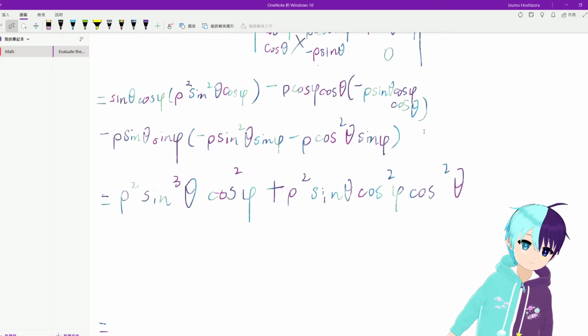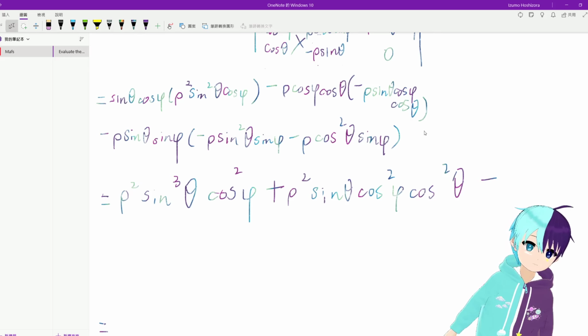And then for the third term, we have rho sine theta sine phi, and then we could draw out the negative rho sine phi as a common factor.